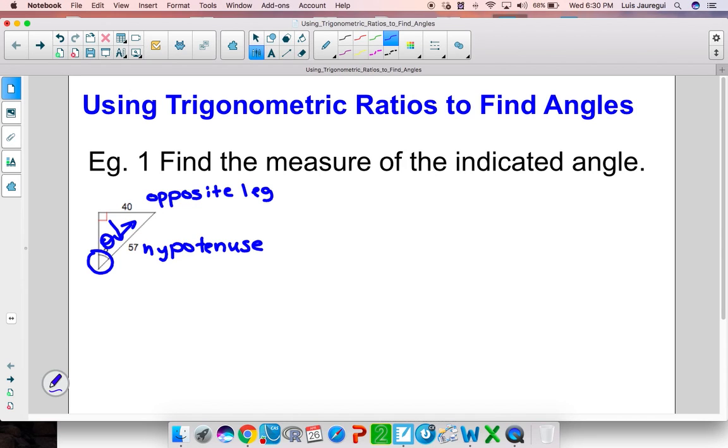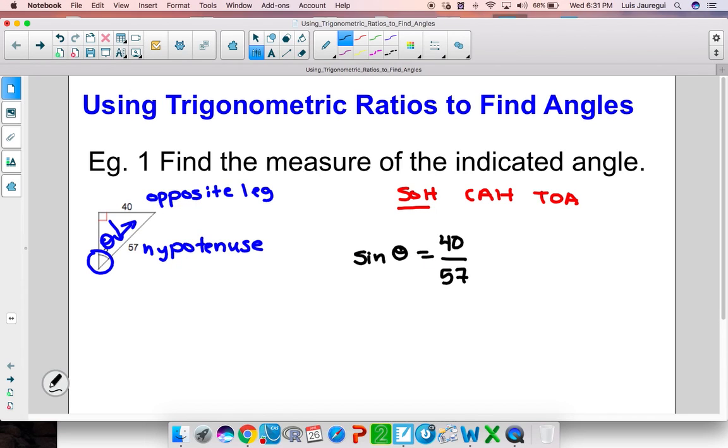Now, if we go back to your mnemonic device, SOHCAHTOA, we can find a trigonometric ratio that uses both the opposite leg and the hypotenuse, and that happens to be sine. So we can write the following: sine of theta, this theta, is equal to the opposite leg, which has a length of 40 units, divided by the length of the hypotenuse, 57.